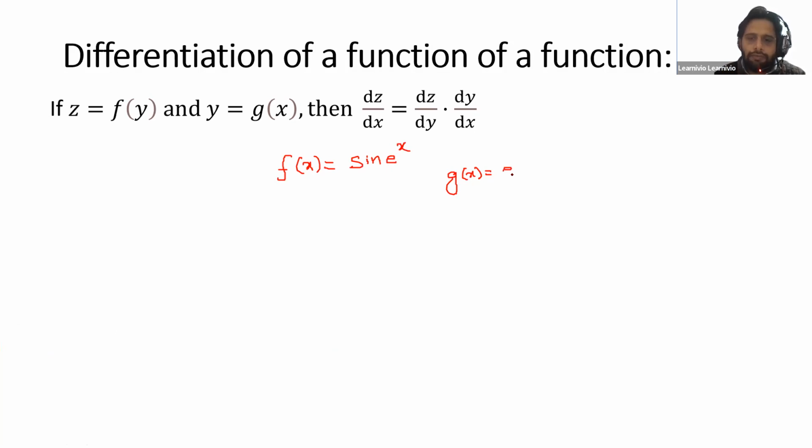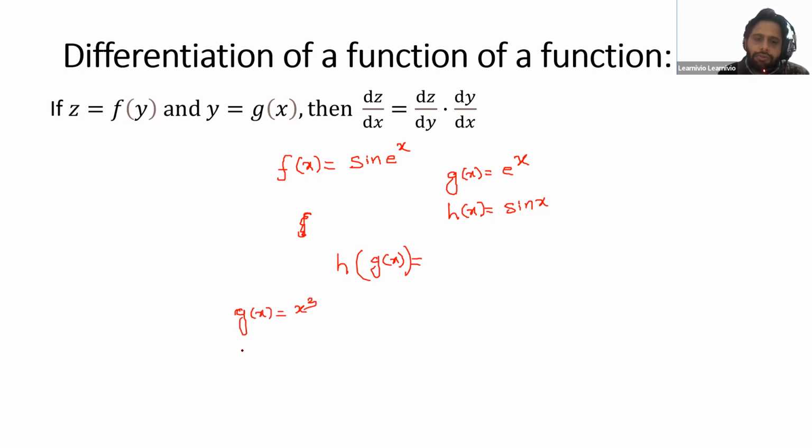Suppose g(x) is e to the power x, and h(x) is equal to sine x. If in place of x inside this function, I put this g(x), then what will I get? I guess you already know that if we have the function g(x) is equal to x cube, then what is the value of g(2)? 8, sir. This is 8.